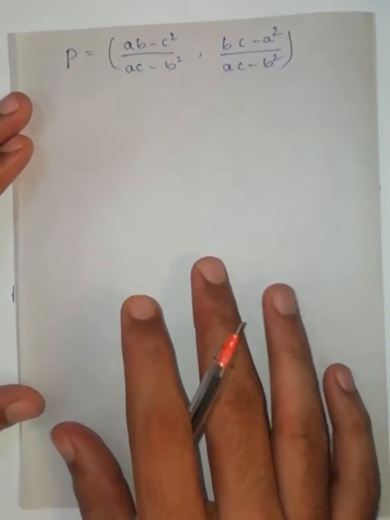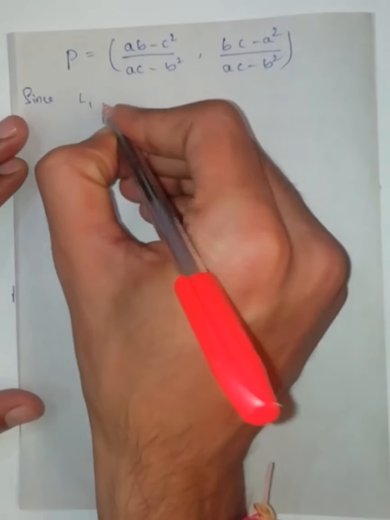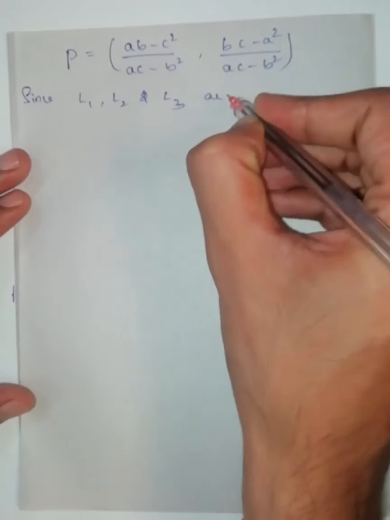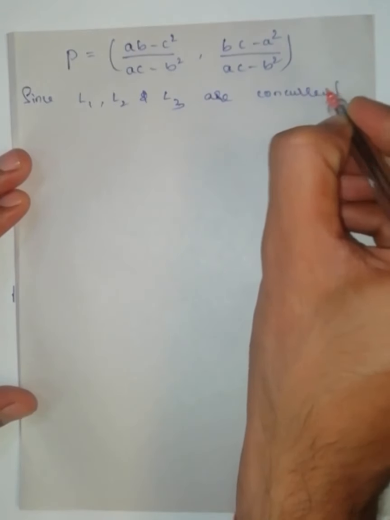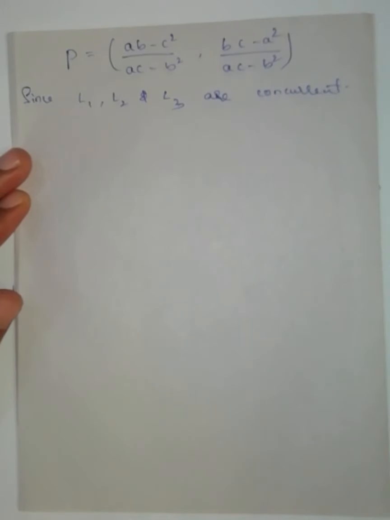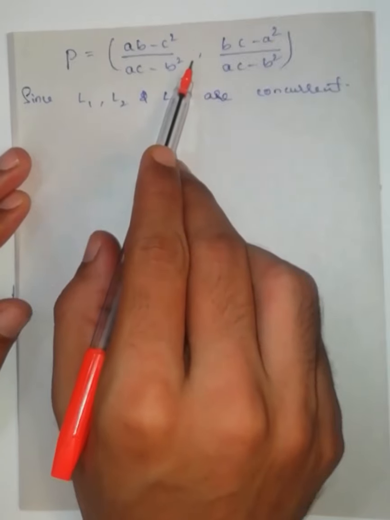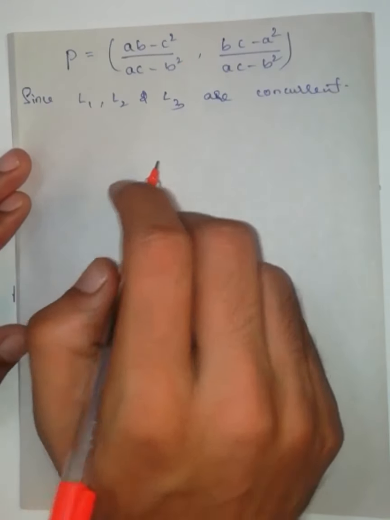Now, since L1, L2 and L3 are concurrent, given that the three lines are concurrent, means the three lines are intersecting at a single point. Therefore, L1 and L2 are intersecting at this point, then this line is also passing through this point.